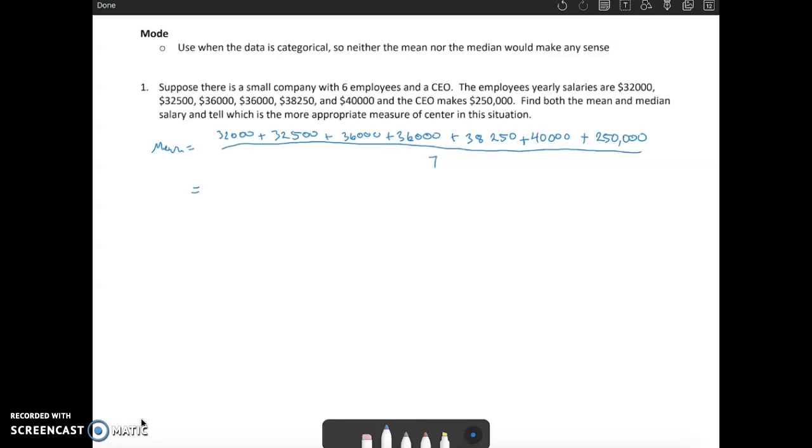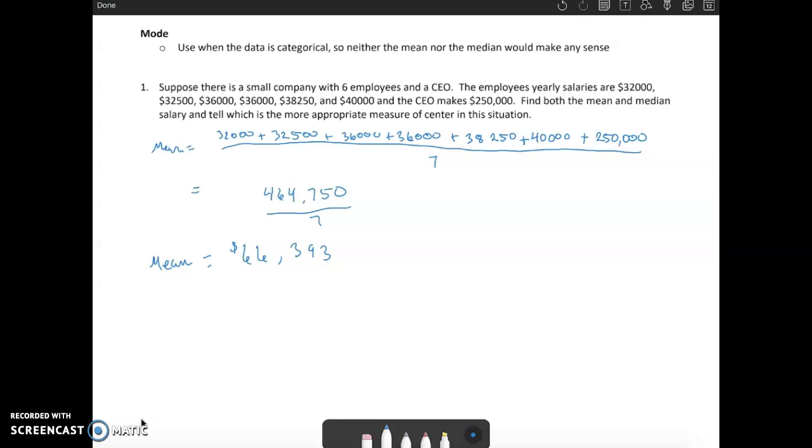That gives us, for our numerator, 464,750. And when we divide that by 7, we get 66,393. I'll round it off to a whole number. Okay, so that's the mean.